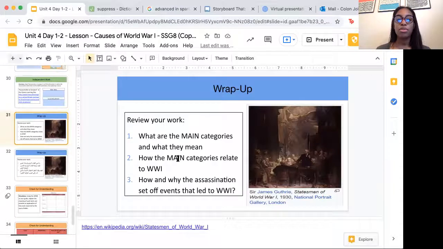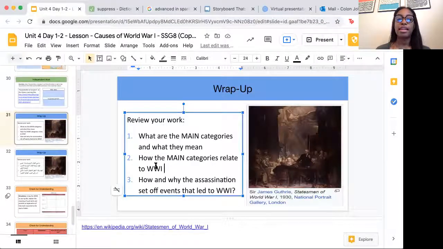Of course, here, how the main categories relate to World War I? They're drawing from days 1 and 2, right? This is going to help them understand how the main core categories contributed, because that's how they led to World War I. So that could be a better guiding question.